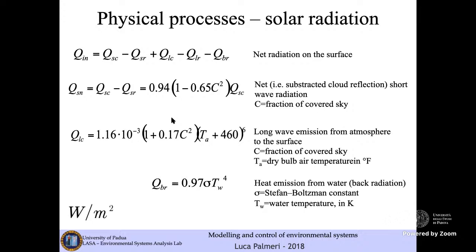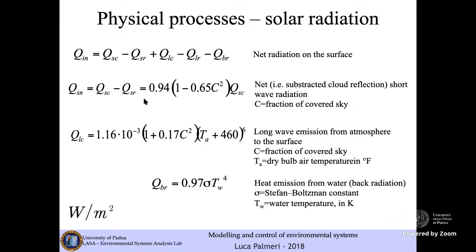The experimental relationship between these quantities is given by this and by this equation, and depends on the fraction of covered sky. I remind you that this is from 0 to 1 and represents how much cloud is on the sky, multiplied by the quantity of short wavelength absorbed by clouds.